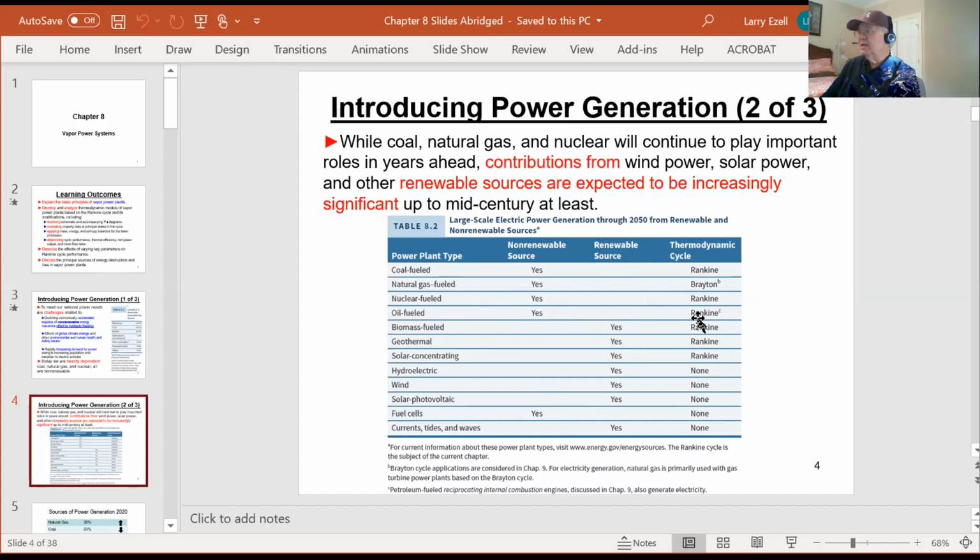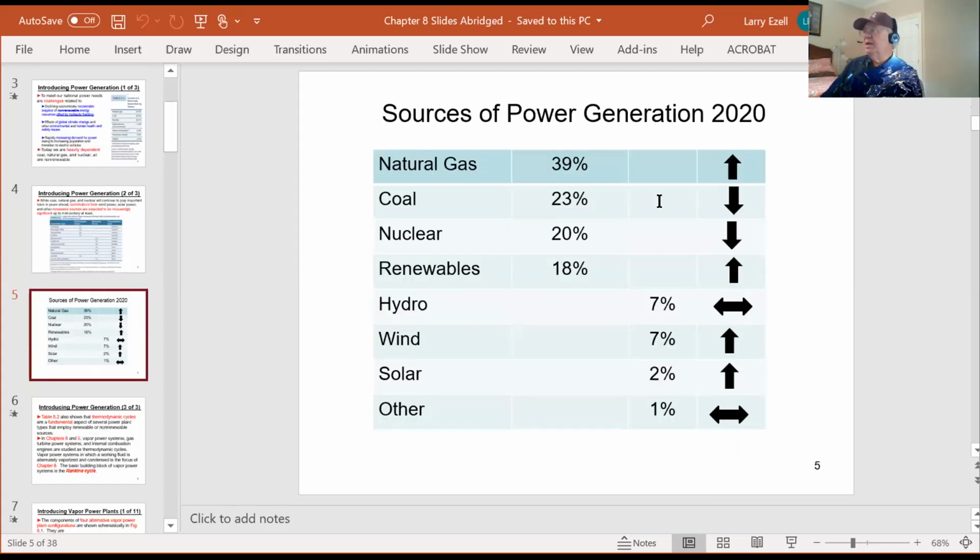As you see, the Rankine cycle is really still very prominent in our power generation. We also call that the vapor power cycle, but it's the Rankine cycle. That's the same thing.